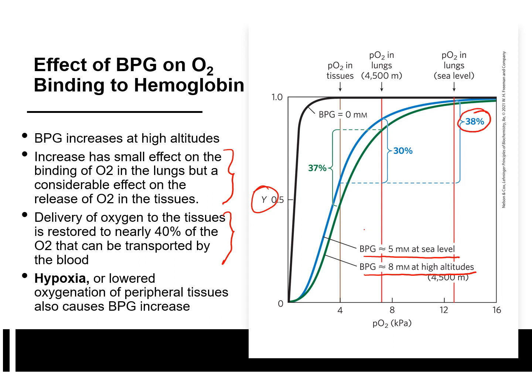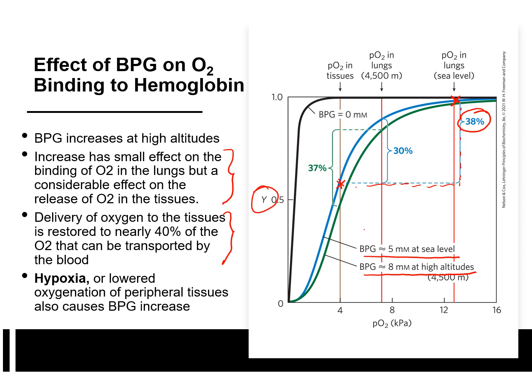And notice if we turn our attention to the blue line, i.e. sea level conditions and 5 millimolar BPG, that we have a high level of binding of oxygen in the lungs at sea level, and then the release in the tissues at sea level is here. If we follow this line, we notice the difference here is 38%.